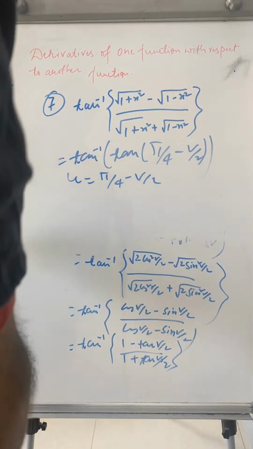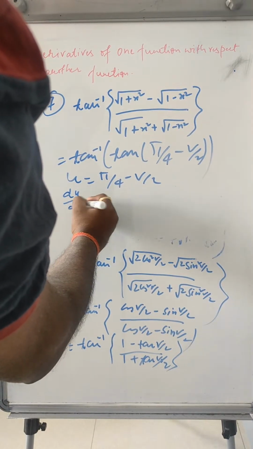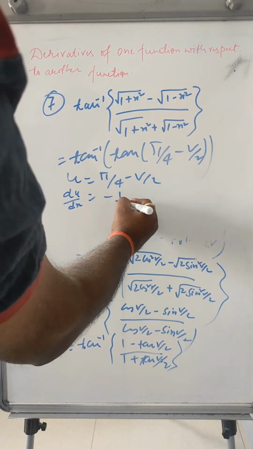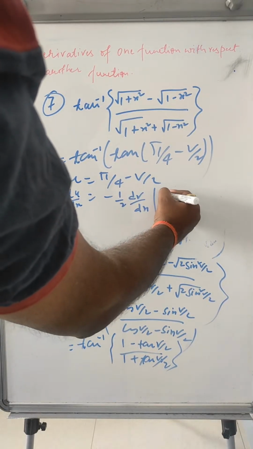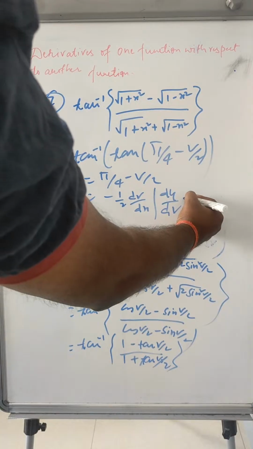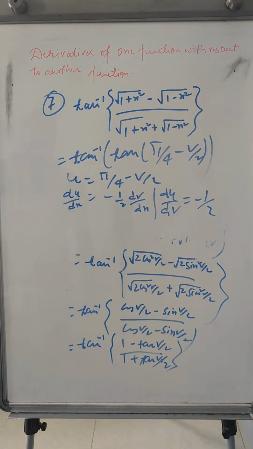Correct, right? So if you do the differentiation, du by dx is equal to, the constant will become 0, and for this, it will become 1/2 dv by dx. So du by dv is equal to minus half. Correct.